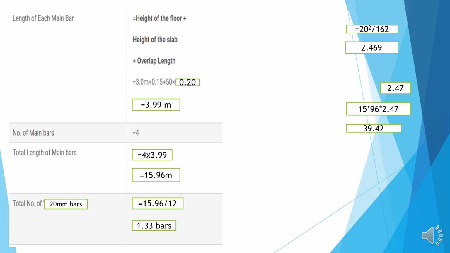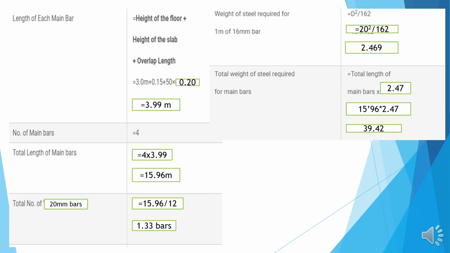So, total number of bars required considering 12 meter length: total length of the bar is 15.96 divided by 12, which is equal to 1.33 bars. Weight of the steel required for 1 meter of 28 mm bar is D square by 162, that is 26 square by 162, which is equal to 2.469.